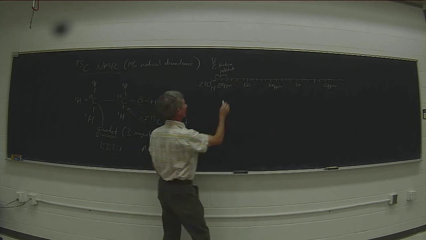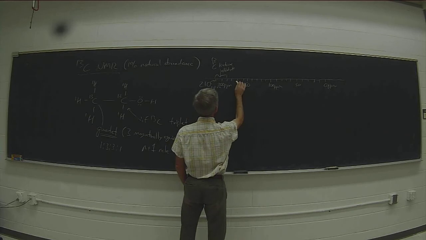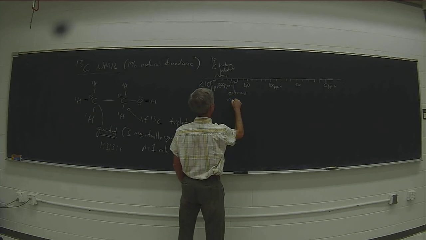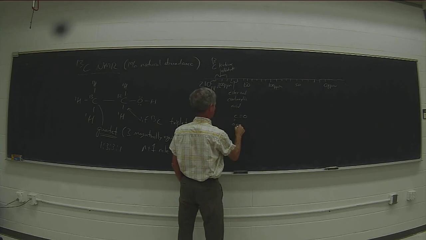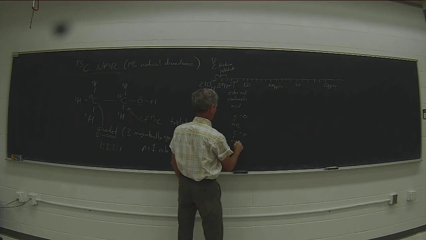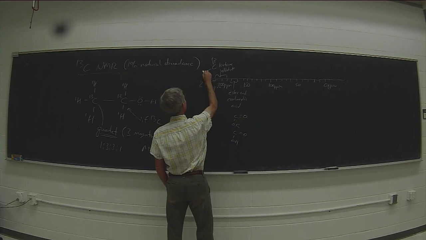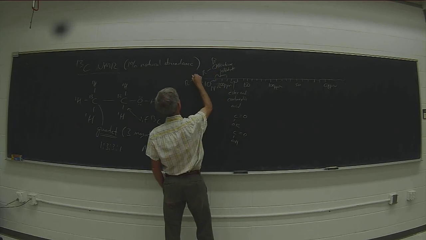Typically somewhere around 170-ish, 170 to 180 is where we see esters and carboxylic acids. COOR and COOH groups, as opposed to RCHO and RCOR.